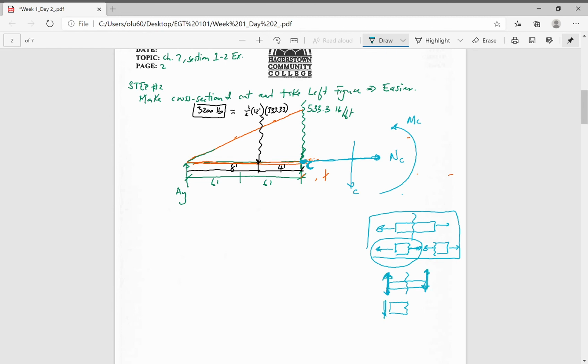When I make a cut, they're always opposite each other. So I'm taking this side. This shear force coming down is parallel to this shear force coming down. I'm taking the left side.